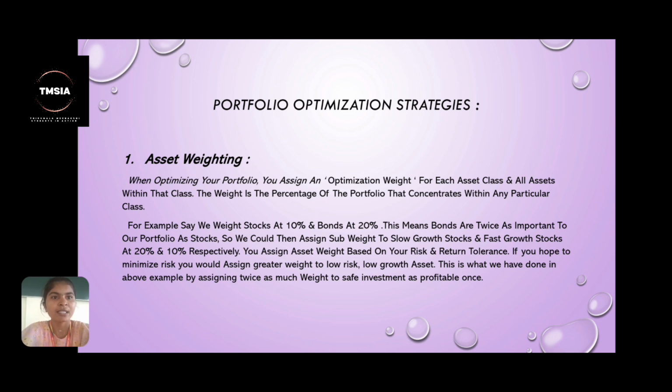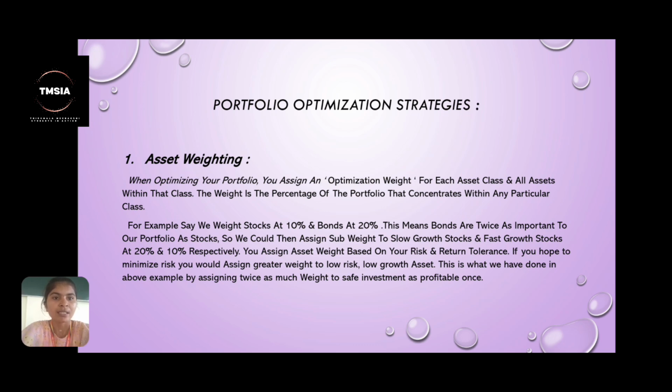Portfolio optimization strategies. First strategy, asset weighting. When optimizing your portfolio, you assign an optimization weight for each asset class and all assets within that class. The weight is the percentage of the portfolio concentrated in any particular class. For example, say we weight stock at 10% and bond at 20%. This means bonds are twice as important to our portfolio as stocks.